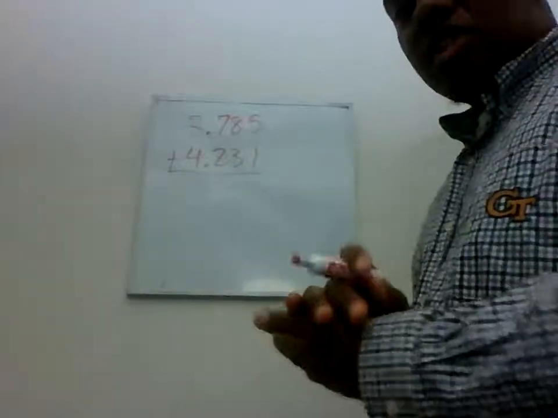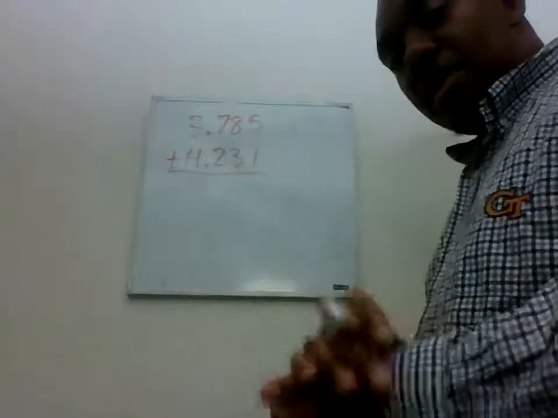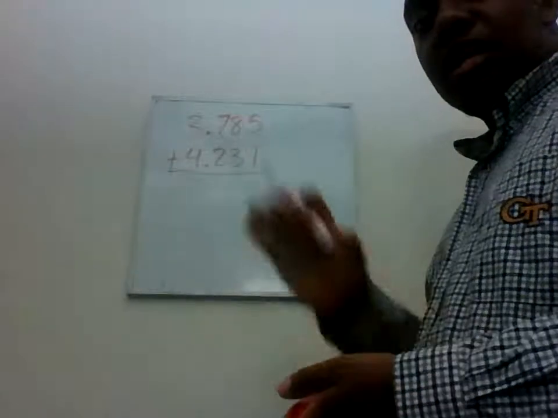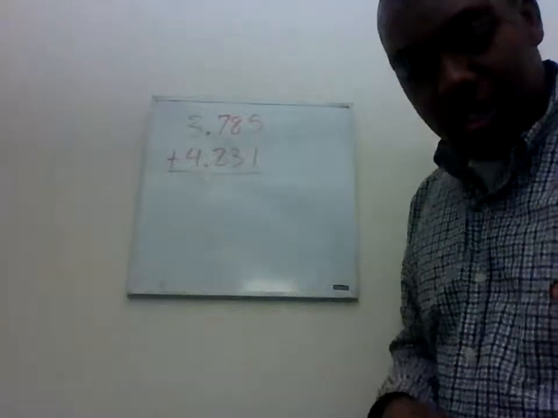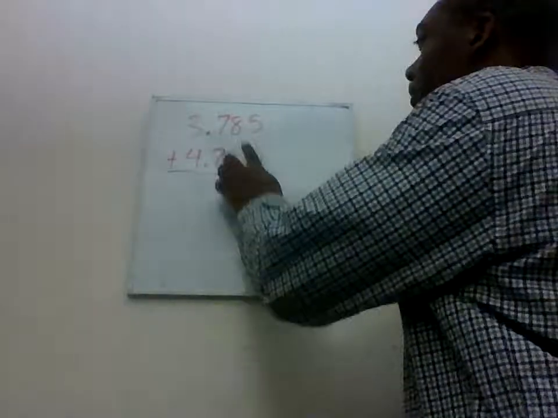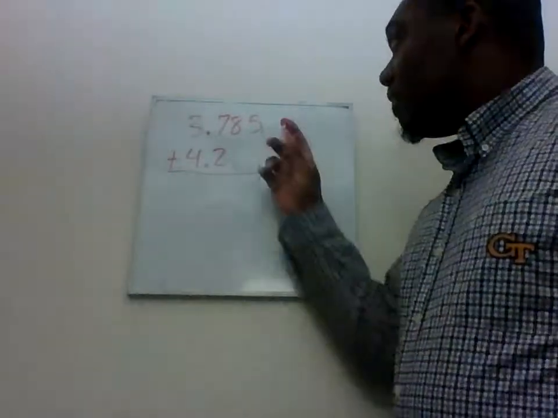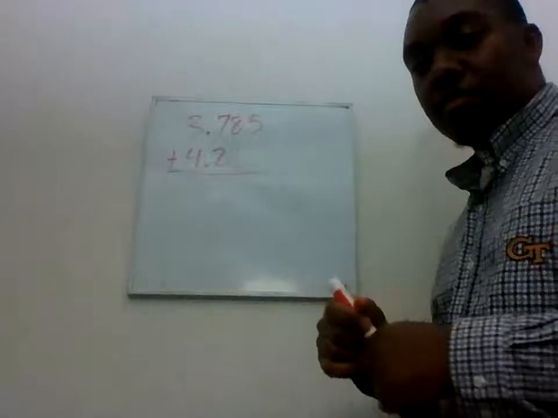So when it comes to adding and subtracting, our significant figures are actually not based on how many we have in the first one and how many we have in the second one. They're based off of where our decimal is or where our last value is. And so let me change this problem. Let me do this now. So we have 4 significant figures here, and we have 2 significant figures here.